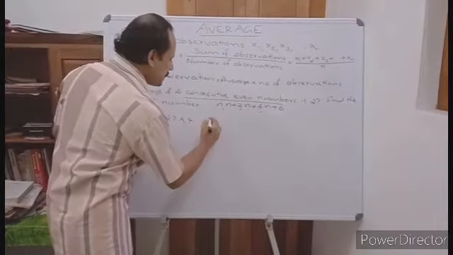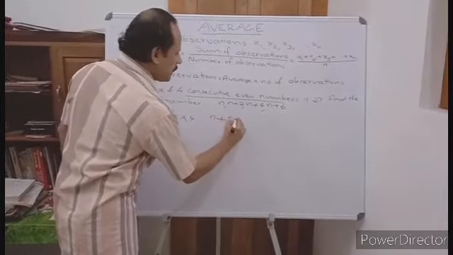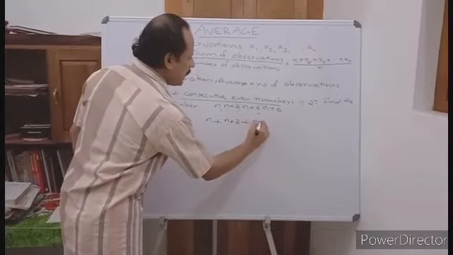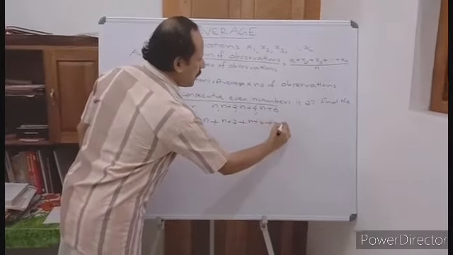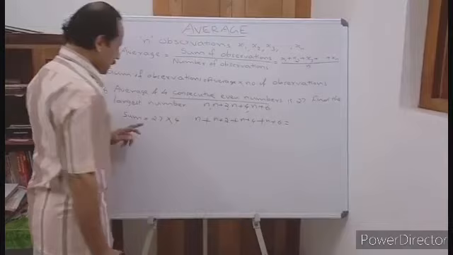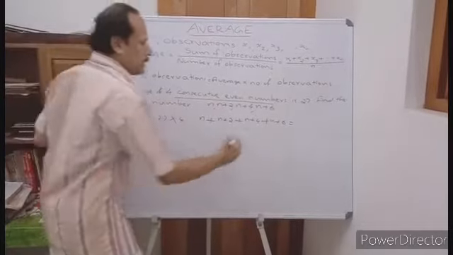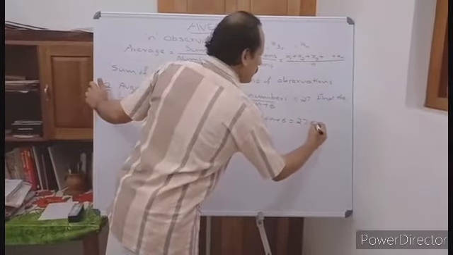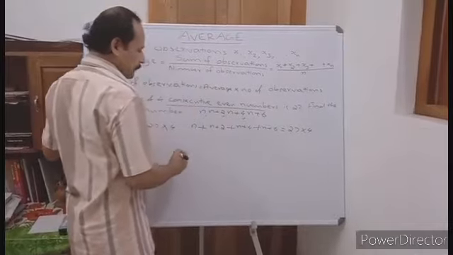And what is their sum? That is n plus n plus 2 plus n plus 4 plus n plus 6, and that is 27 into 4.